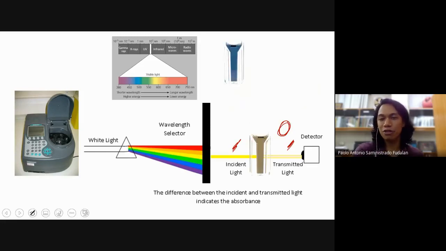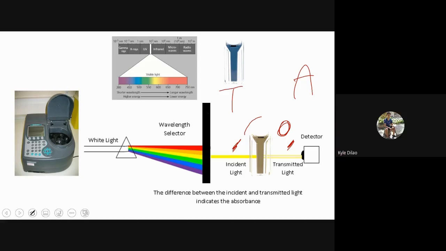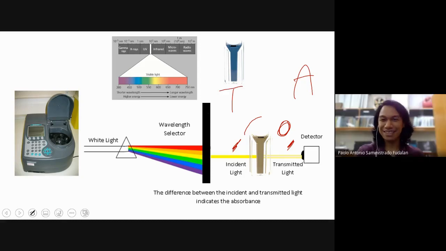Like the one shown here in this blank, it was able to pass through. What's the term for that? We have A, absorbance. What about T? Transmittance, sir.